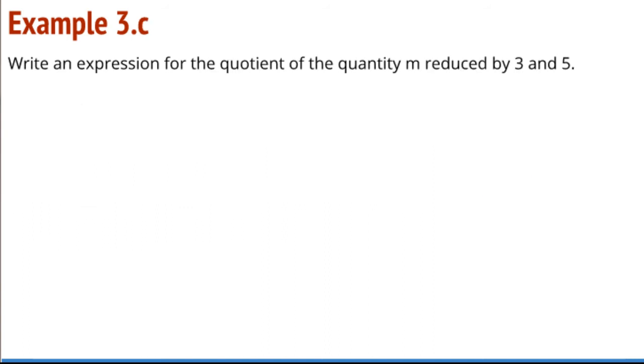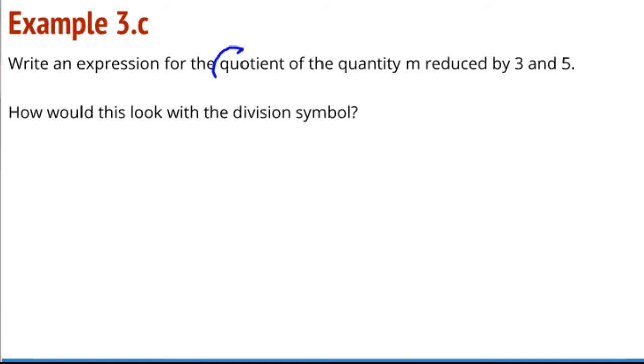All right, so here we have, write an expression for the quotient of the quantity m reduced by 3 and 5. Now this is a nice good one for us to think about. So the first thing we need to do is ask ourselves, how would this look with the division symbol? So I have the quantity, I'm finding a quotient, so I know there's a division problem.